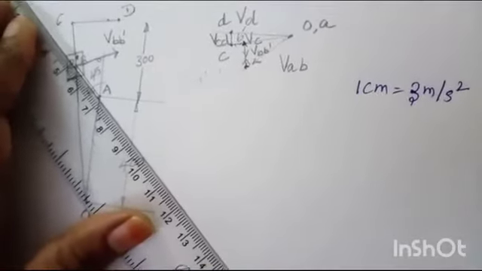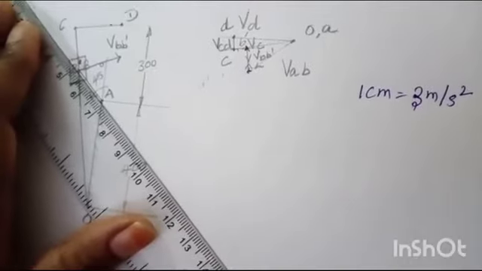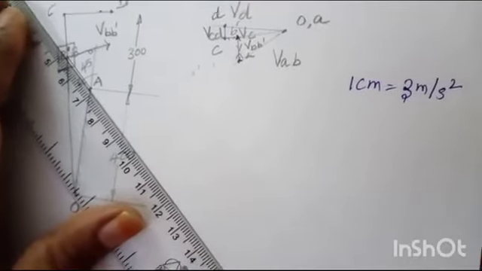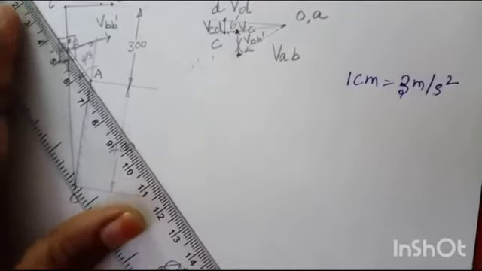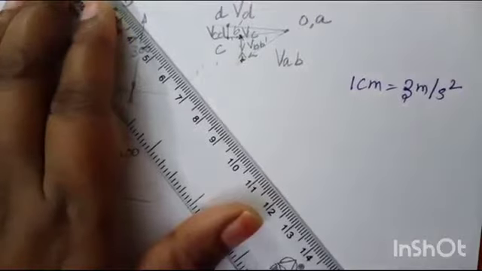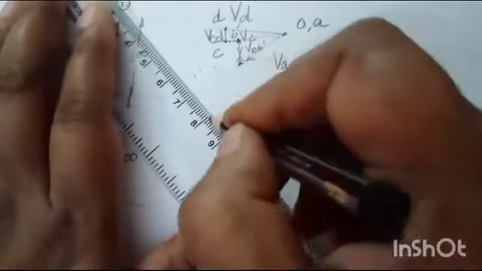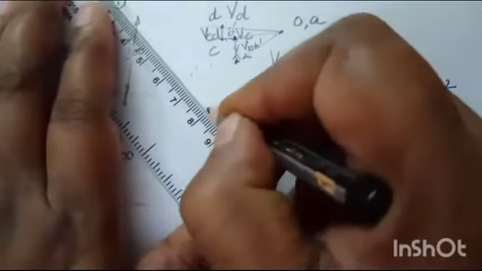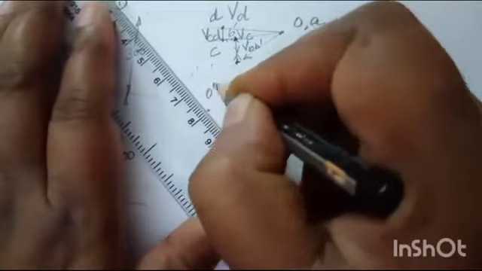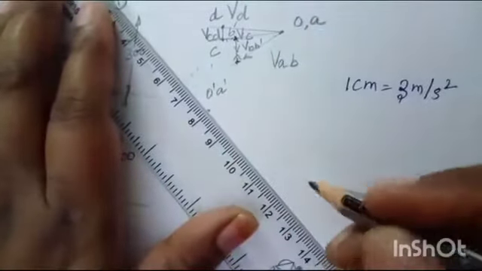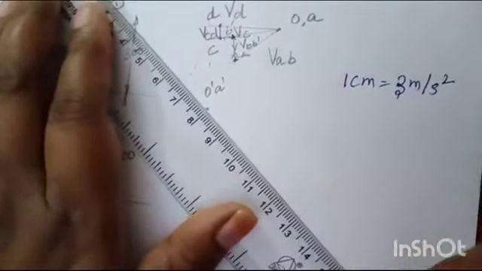So the total acceleration is 23.7 divided by 3, I may get 7.9, nearly 8 centimeters. So just drag this link length as it is here and take one particular point. So that is your fixed point O dash, A dash. So from this 8 to 16, just draw this. So this is your B dash.